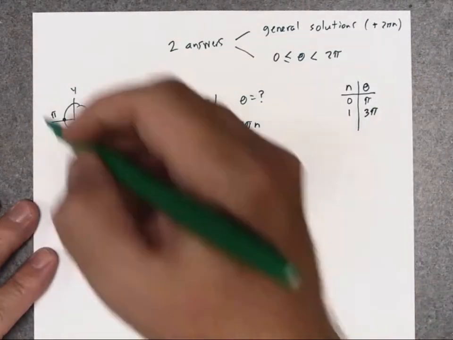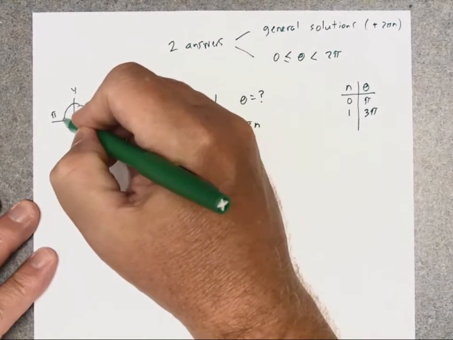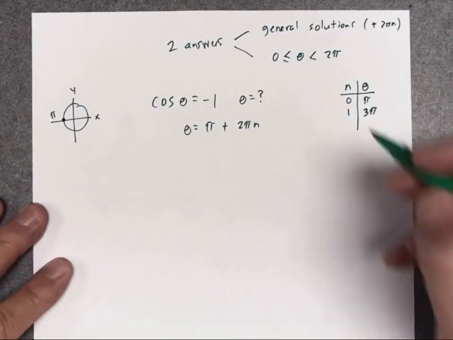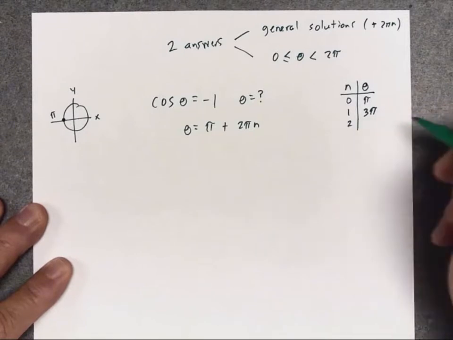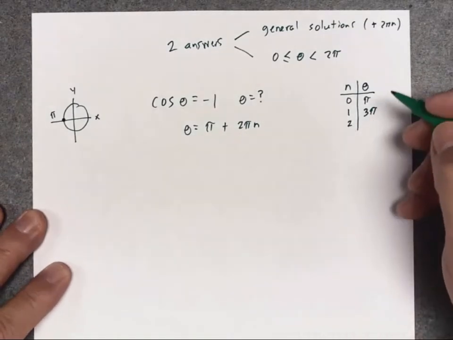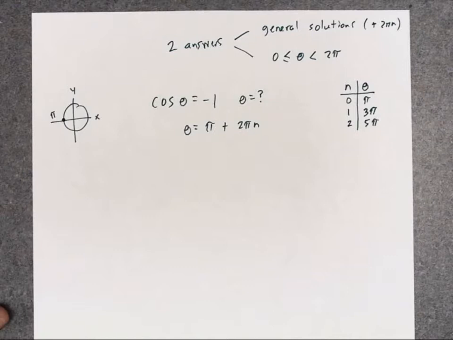So what is 3 pi? 3 pi is one trip around the unit circle and then you stop here again at pi, and of course the cosine of that, once again, would be -1. And then, if I bump n up to 2, you plug in 2 for n, theta would be 5 pi.